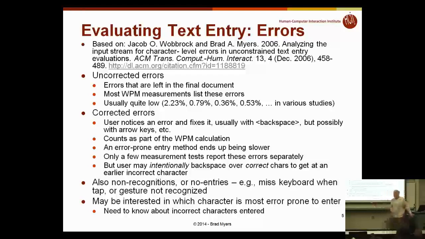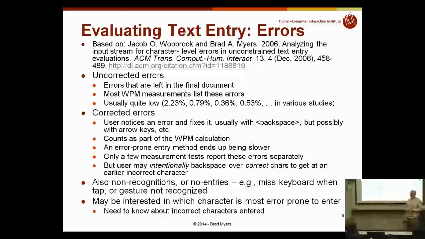There's probably a lot more in informal writing or in emails, especially in text messaging, where people don't care about uncorrected errors so much. But in formal writing, you get numbers like 2% or 0.79%, so very low numbers of errors that are left in final documents, especially if you have time to proofread them.